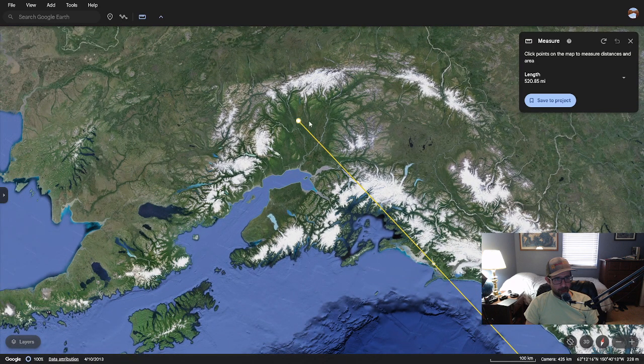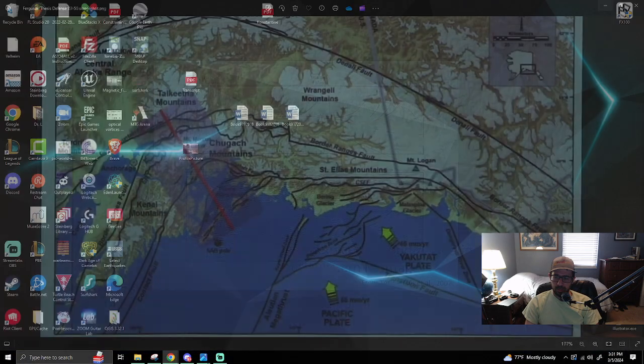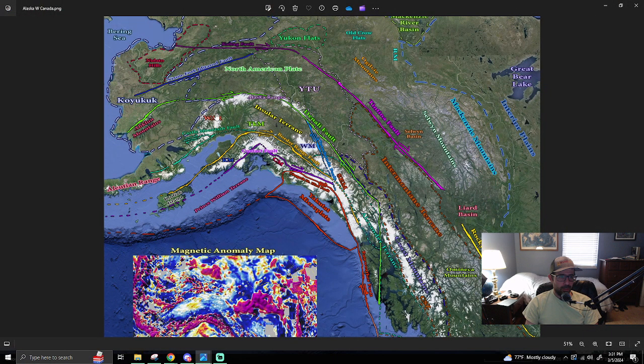But if I go through here, through this general path, over here, I forget what this is, let me see. It's something of relevance. The western Alaska range.